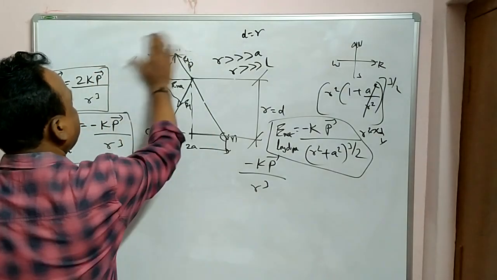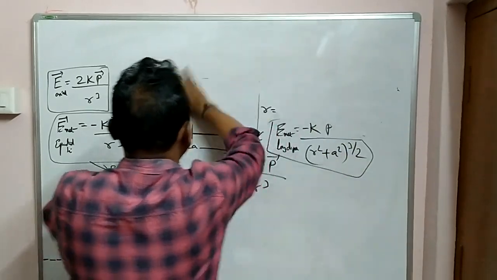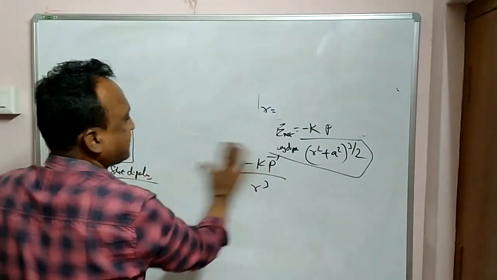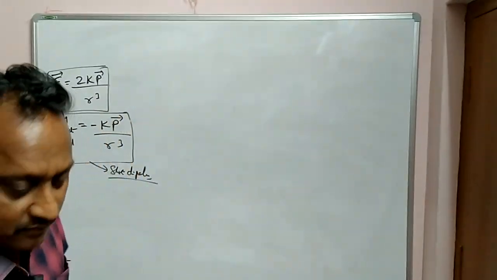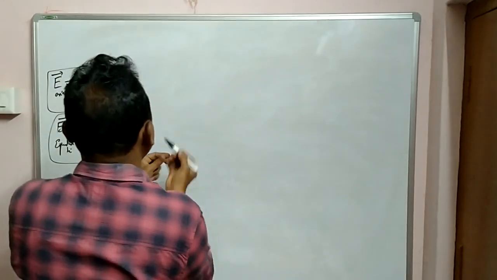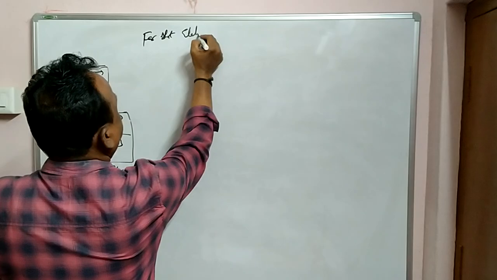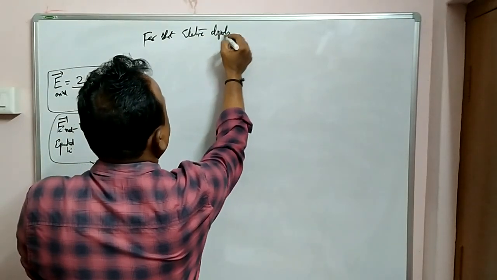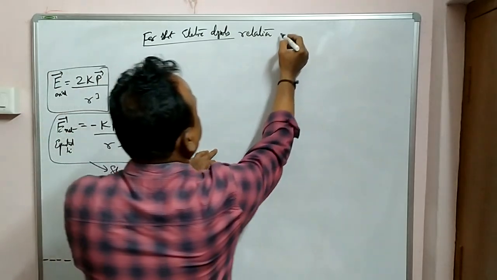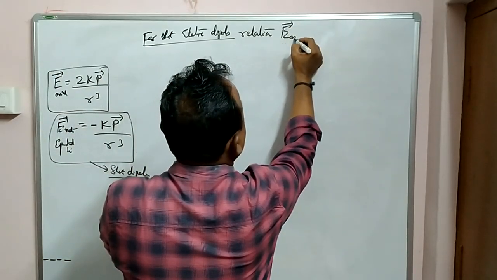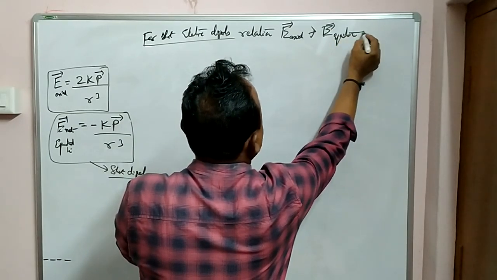Clear? Right. So sometimes in the examination he may ask in this fashion also. Look, relation between axial and equatorial line. Look at the relation, for short magnet, not long magnet, for short magnet, for short electrical dipoles, relation between E axial and E equatorial line.